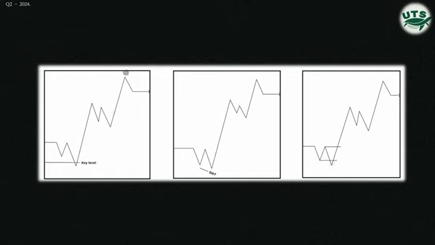Key level, power of 3. Range, power of 3. A range is literally the embodiment of the power of 3: accumulation, manipulation, distribution. So everything has to feed back into this, whatever you study. It's the most simplistic summary of the markets. This is ICT in summary.